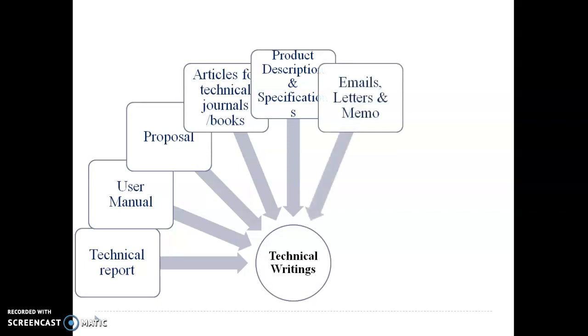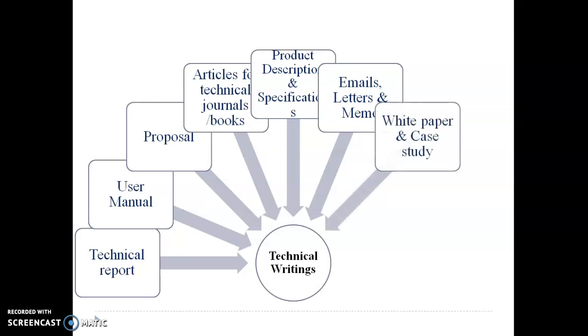Then emails, letters, and memos can also carry some technical information. Now, moving on to white paper and case studies. White papers are documents that typically describe a solution to a technical problem for experts in the field, whereas a case study is a report about a real life situation which is studied over a period of time.